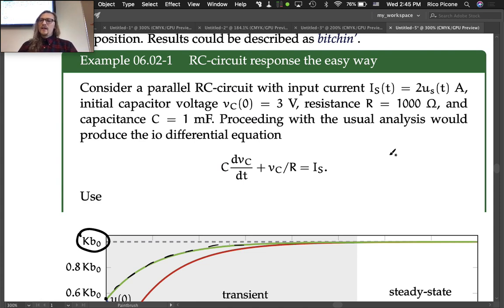Resistance R equals 1,000 ohms, and capacitance C equals 1 millifarad. Proceeding with the usual analysis would produce the input-output differential equation given here. So we've got the time derivative of VC, we've got VC, and we've got our current source there.